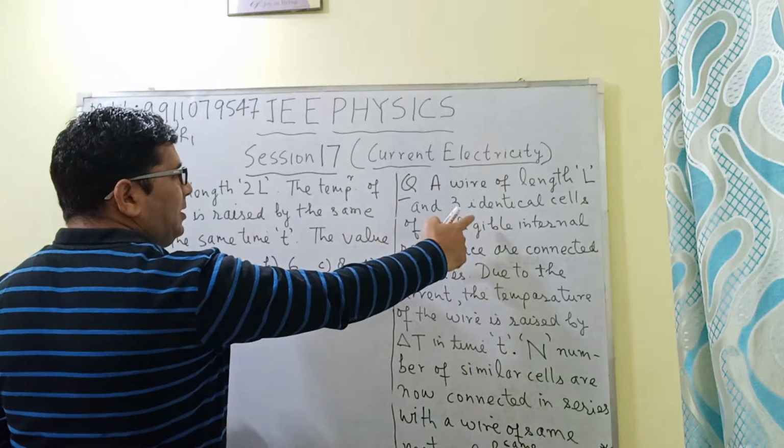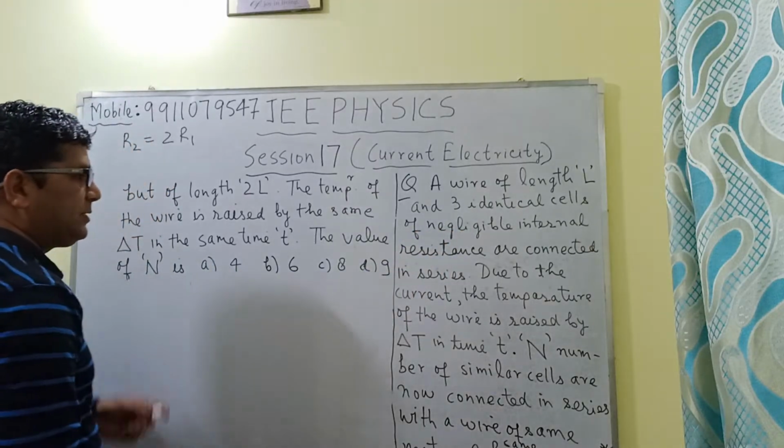Now here, in the first case, three identical cells of negligible resistance are connected in series.